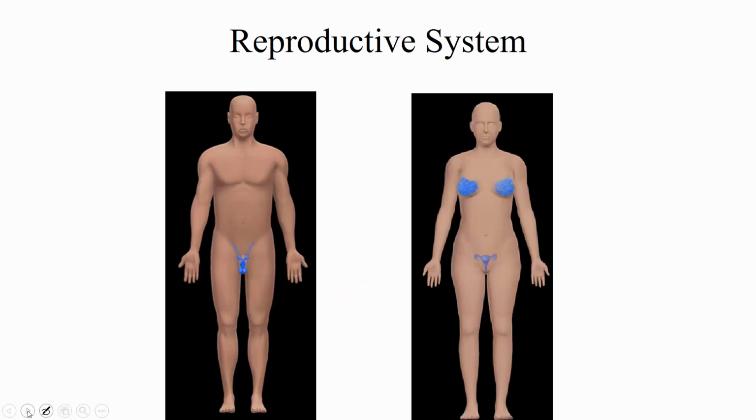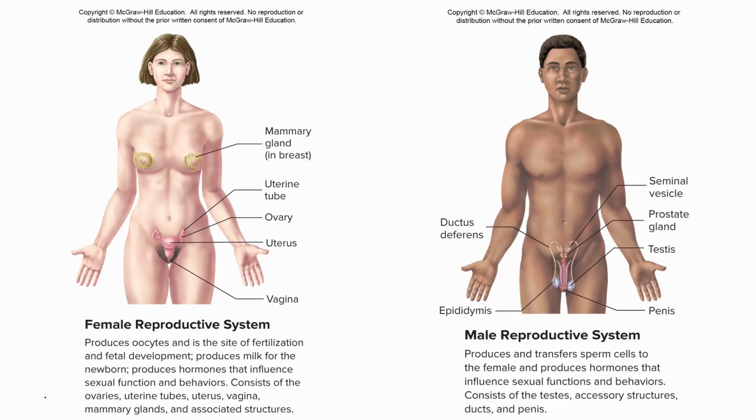And then finally, the reproductive system. The other systems are similar in both men and women. Obviously, the reproductive systems are different between men and women. Both of them are going to be responsible for reproduction, obviously. The female reproductive system is going to produce oocytes, also known as eggs, and be the site of fertilization and fetal development.